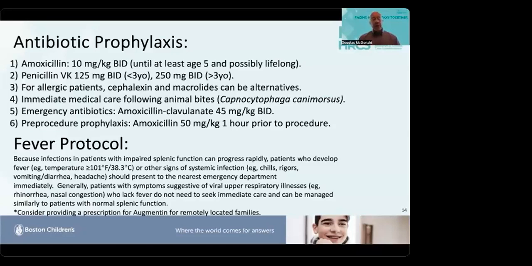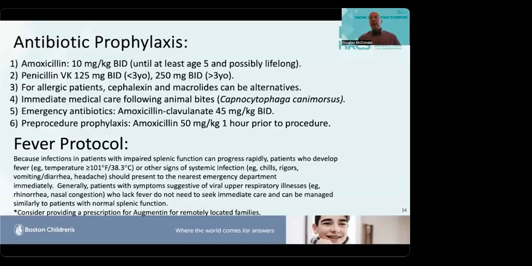So our recommendation, which is fairly standard, is to seek medical attention for fevers greater than 101 degrees Fahrenheit or 38.3 degrees centigrade. And of course, if they have other signs of systemic infection, such as chills, rigors, vomiting, diarrhea, or headache, again, they should immediately be taken to an emergency department for evaluation and blood cultures.